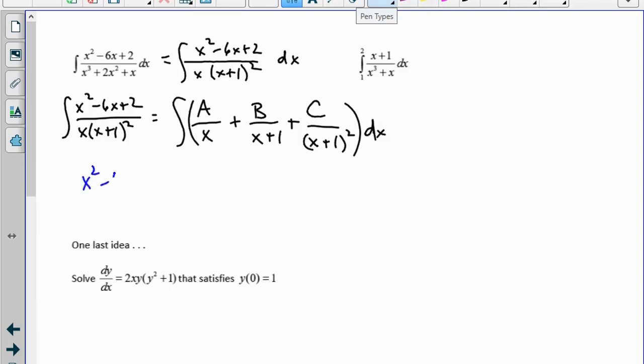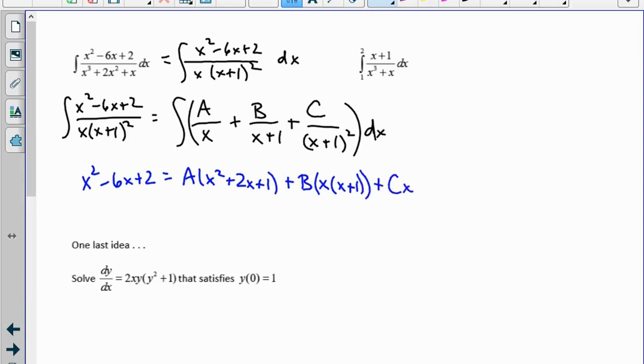So x squared minus 6x plus 2 is equal to A times (x + 1) squared, which I'm just going to write as x squared plus 2x plus 1. B is missing an x and an (x + 1) from its denominator, so it's B times x(x + 1). And then C is just missing an x.